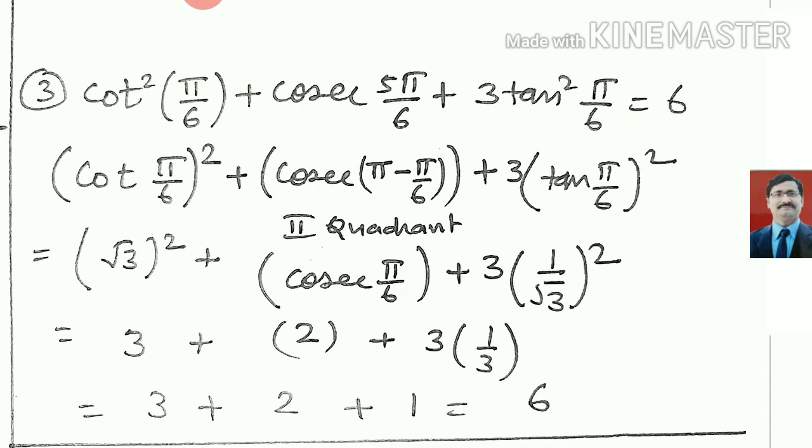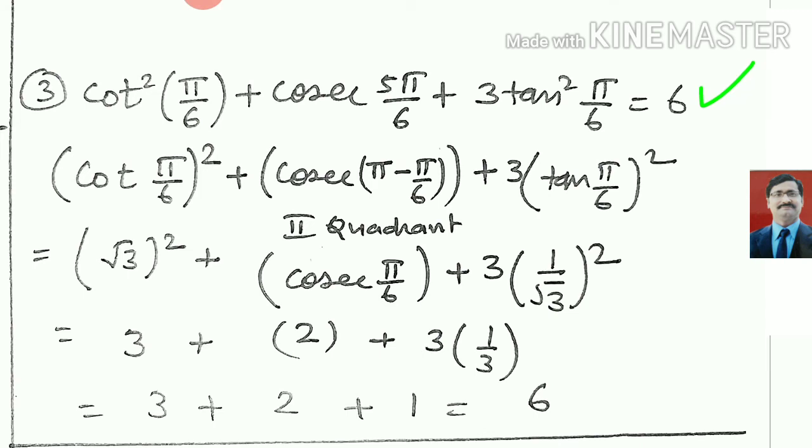Look here, same as this we have question number 3. This is also very important. Look here: cot square pi by 6 plus cosec 5 pi by 6 plus 3 tan square pi by 6 equals 6. We have to prove that this is equal to 6.